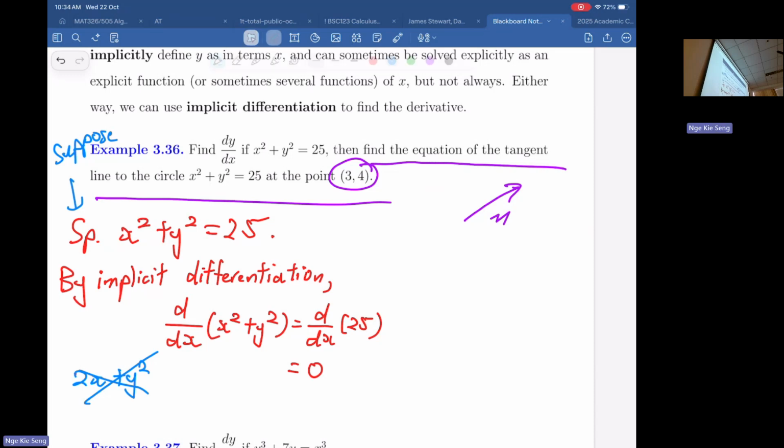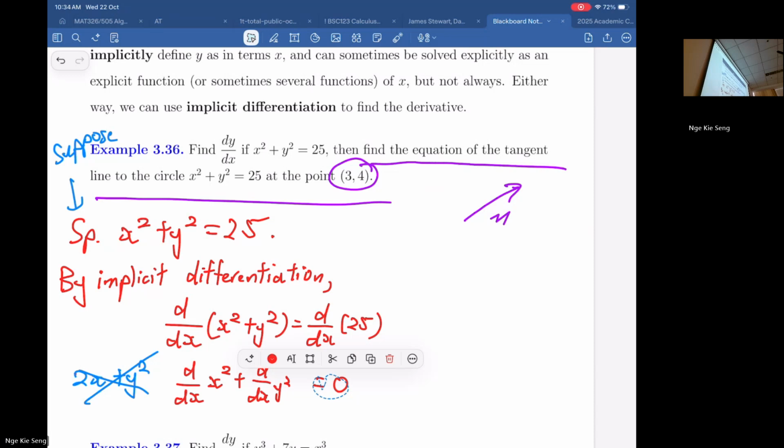What we should do is split it up by linearity first. So d/dx of x squared plus d/dx of y squared. Still remember the linearity? If you differentiate a sum, it is equal to the sum of the derivatives.